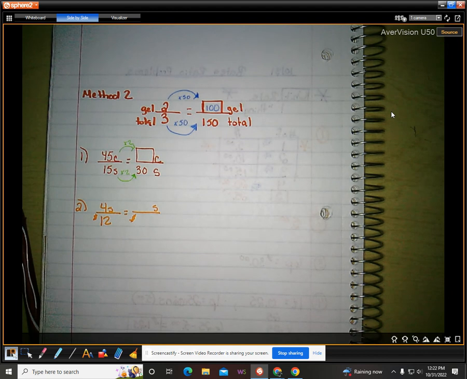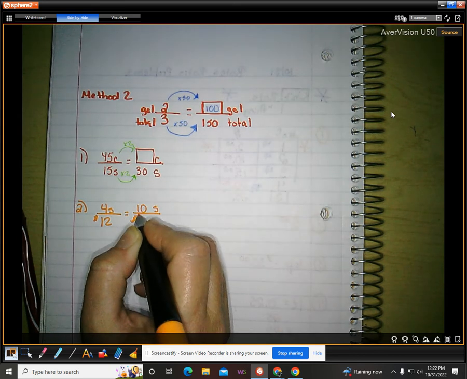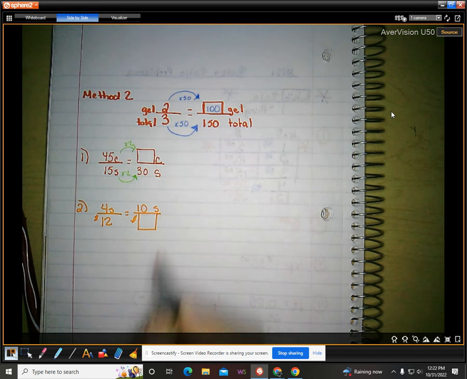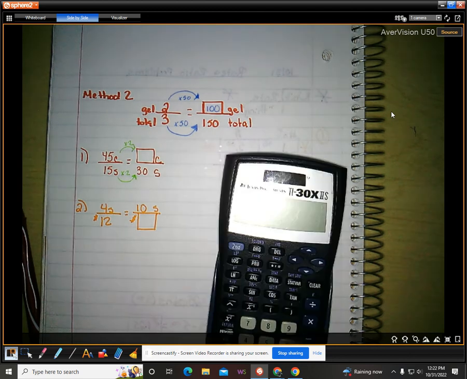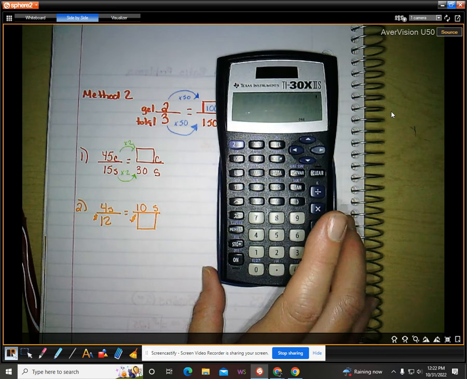What information do they give us in number 2? Justin? 10 students. So then you have to figure out how much money 10 students would spend. This is where your calculator comes in very handy. What would I need to do on a calculator?